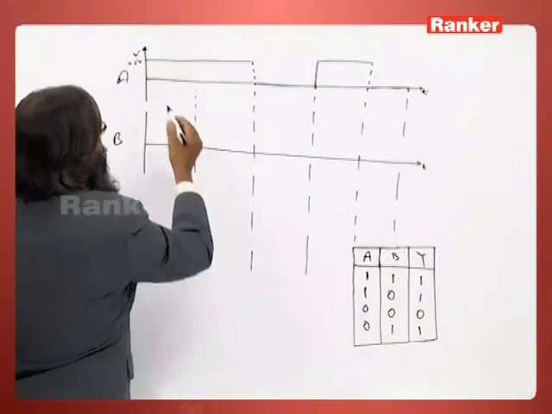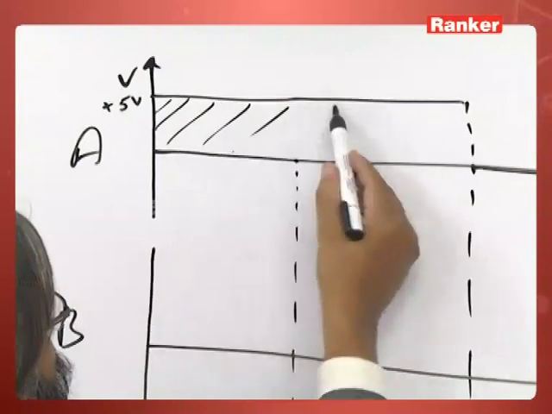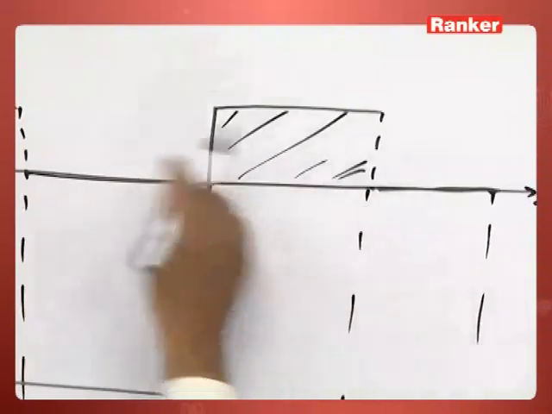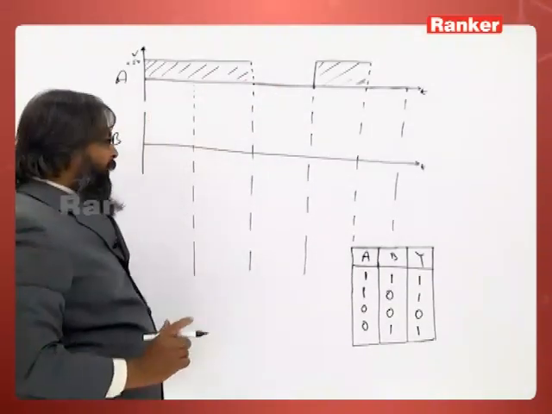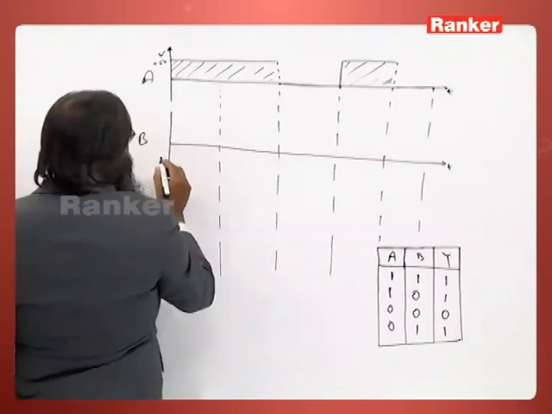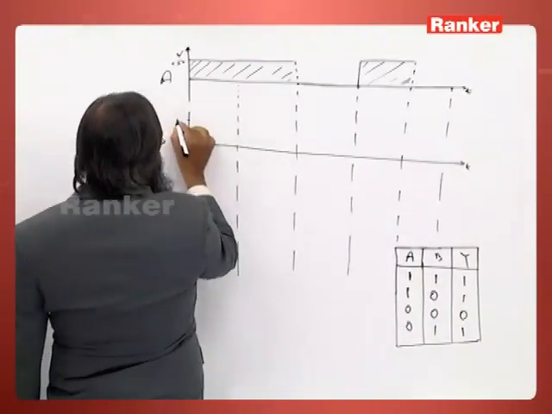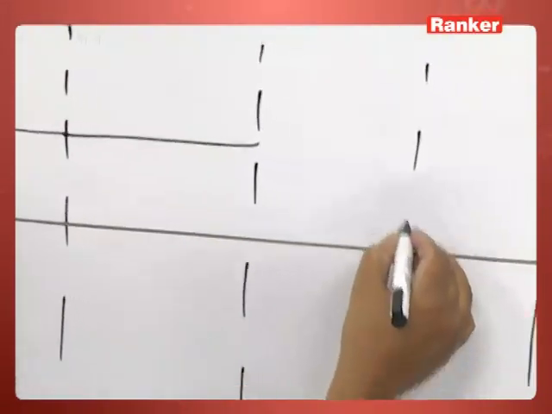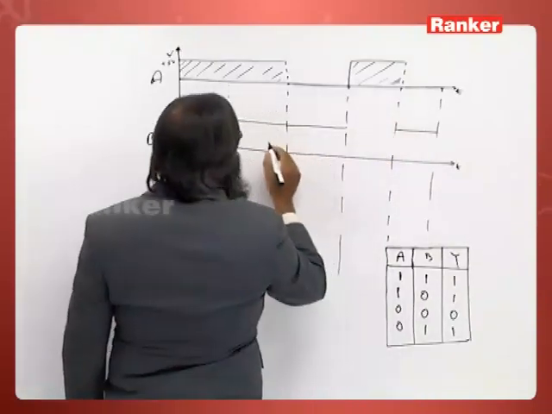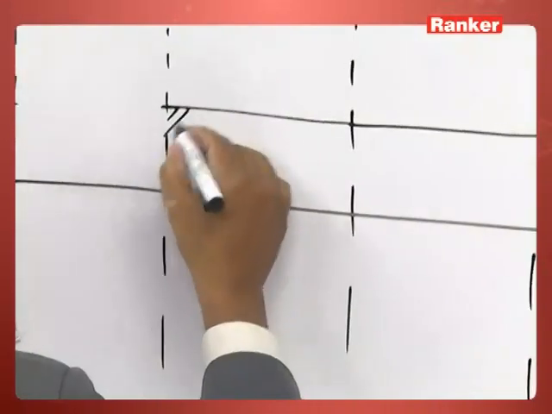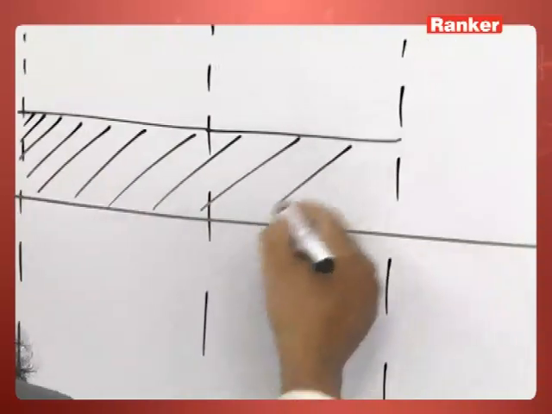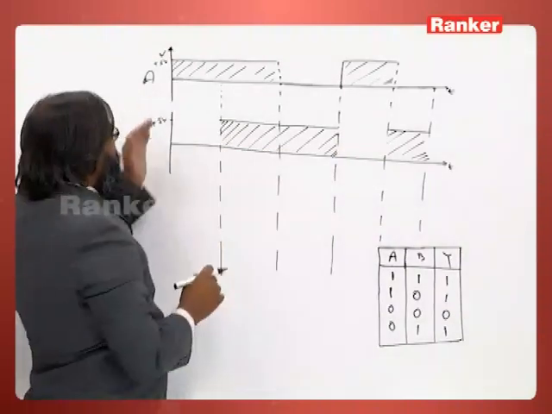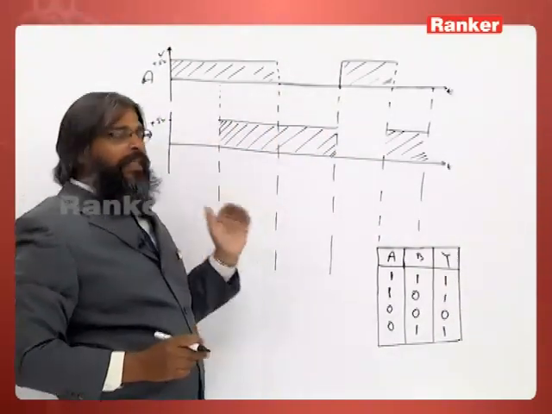This is the voltage waveform for A, and for B it is again suppose plus 5 volts up to here, then here and then here. So this is the digital signal in A, this is the digital signal in B.